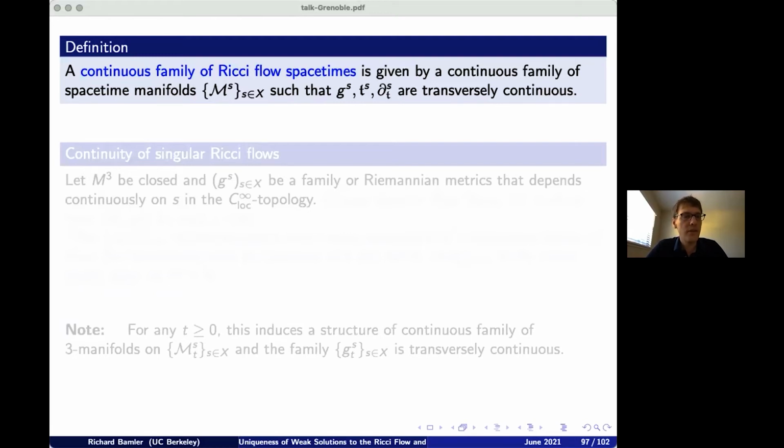A continuous family of Ricci flow spacetimes is given by a continuous family of structures, as I showed on the previous slide, on the spacetime manifolds. So basically it is given by a continuous family of 4-manifolds, such that the corresponding smooth objects are transversely continuous. So this is the actual definition.